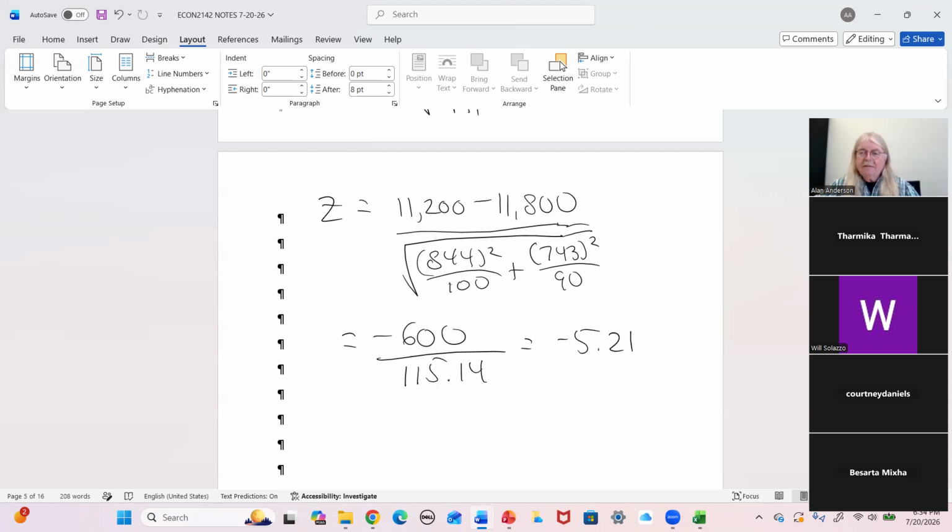So it looks like we're going to be rejecting this null hypothesis. But of course, let's go out of our way to figure out what the critical value is, or R, because there's two of them.